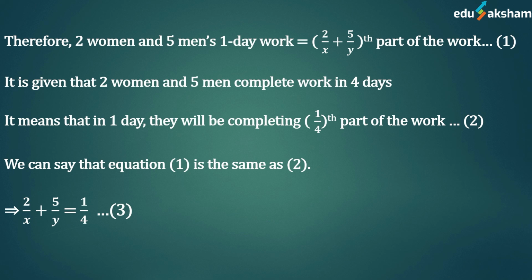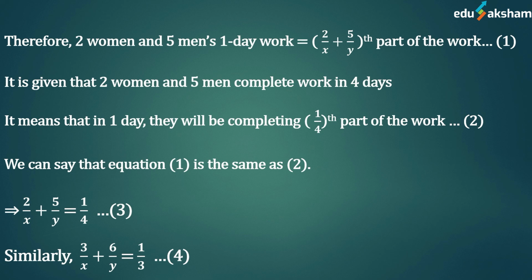And it is also given in the question that 3 women and 6 men complete the work in 3 days, which means 3 women and 6 men's 1 day work would be equal to 1 by 3. Now we have these two equations 3 and 4, but they have the x and y terms in the denominator.